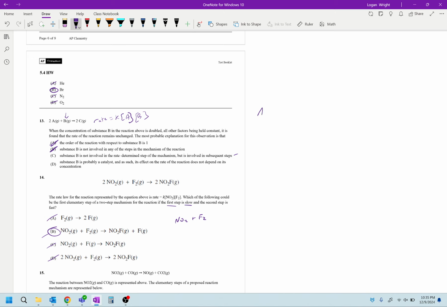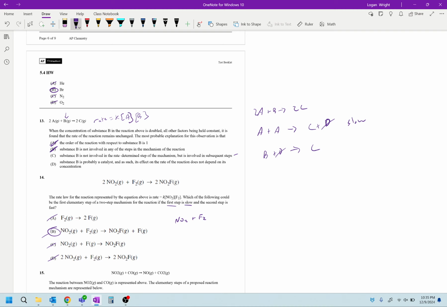If you had 2A plus B yields 2C, maybe your mechanism is going to be something like A plus A forms C plus D, and B plus D is another C. This would be a possible mechanism where if this is the slow step, then when we cancel stuff out, you have the D's canceling out.